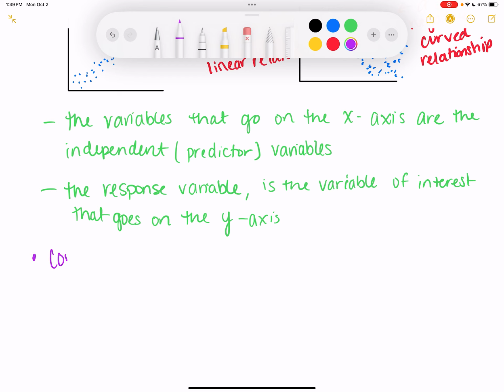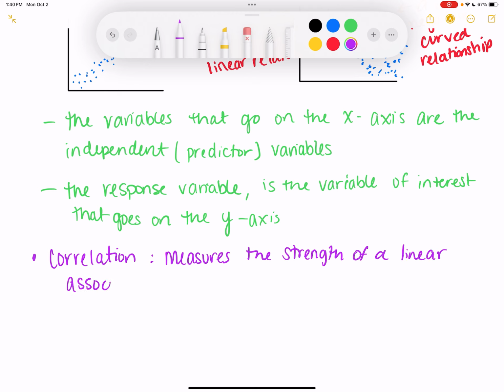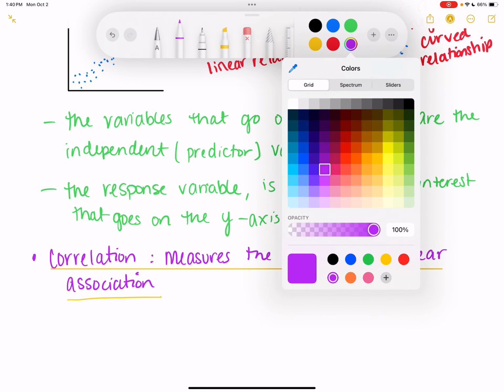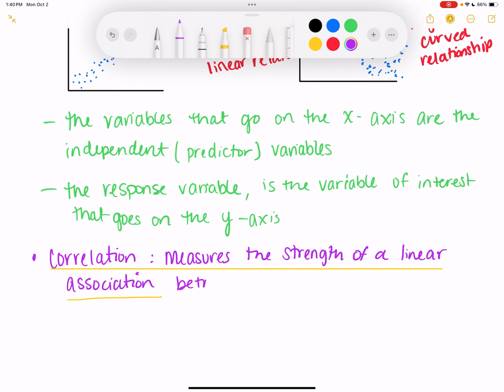Next we have correlation, and this measures the strength of a linear association between two variables.